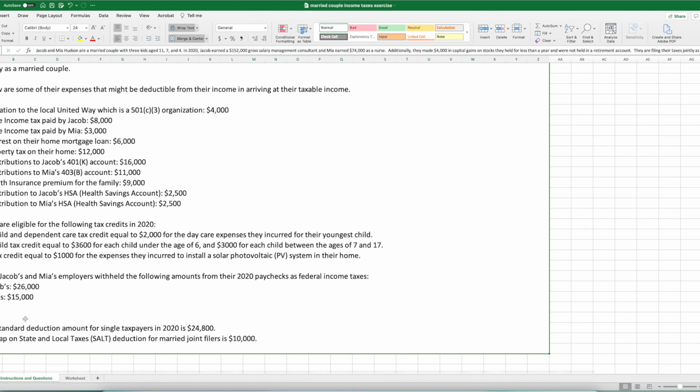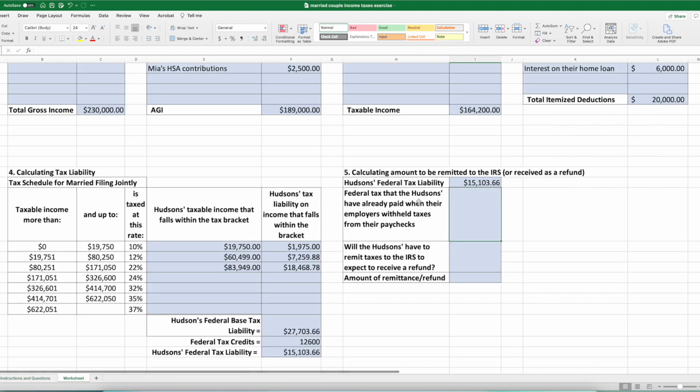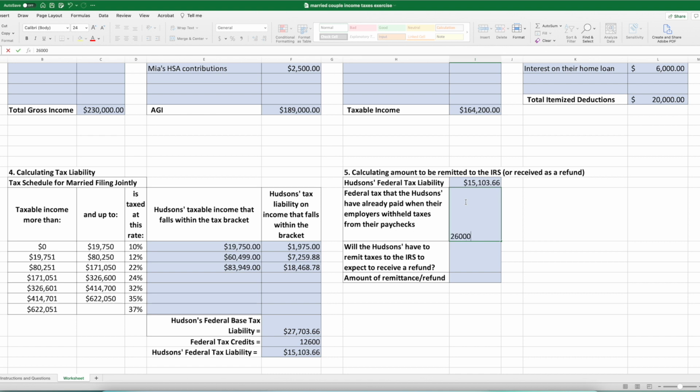So we are told that Jacob's and Mia's employers have withheld the following amounts from their 2020 paychecks as federal income taxes. In case of Jacob, $26,000. In case of Maya, $15,000. So they have already paid $26,000 plus $15,000 as federal income taxes. So they've already paid $41,000 in income taxes that year.